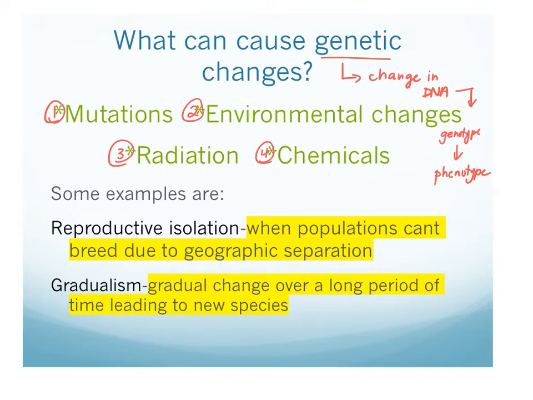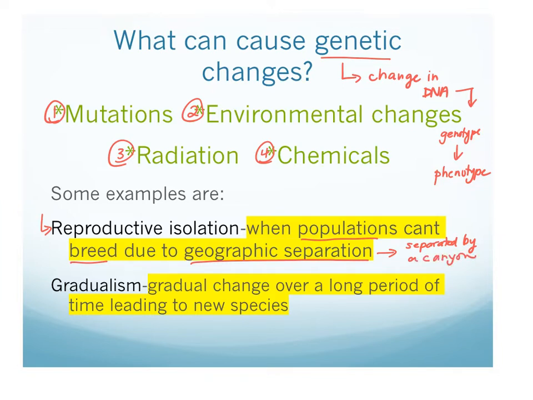Some other things that can cause genetic changes in a population would be reproductive isolation. And so that's when populations can't breed or reproduce because of geographic separation. So that means that they might be separated by a canyon.